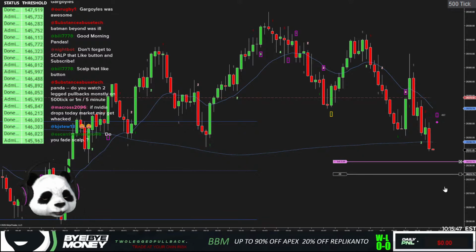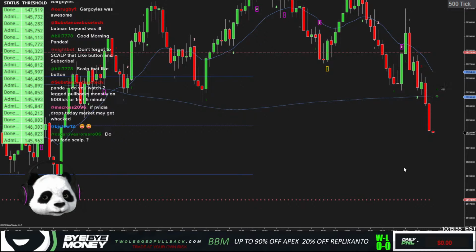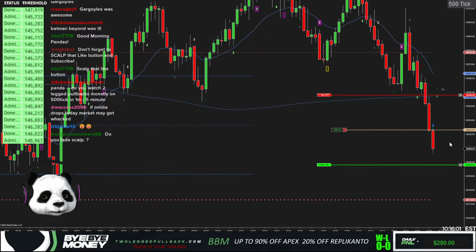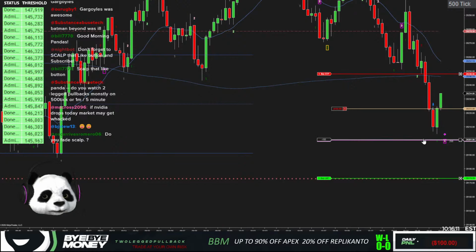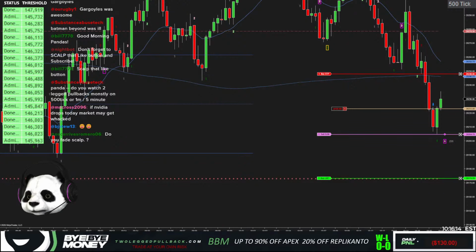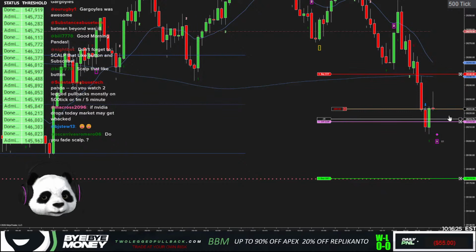The bear bar here. One of these bars is gonna be a give up bar. This might be the give up bar here. Come on, give me my order. I think this is the give up bar. Let the candle finish.